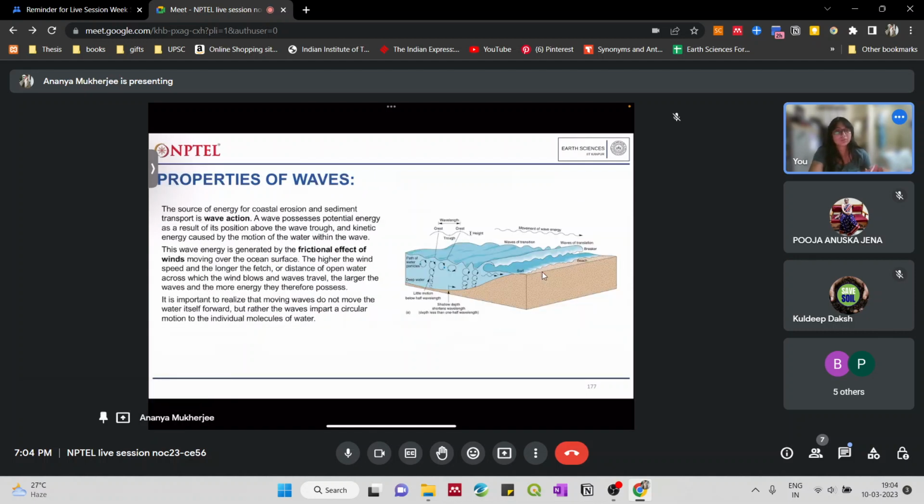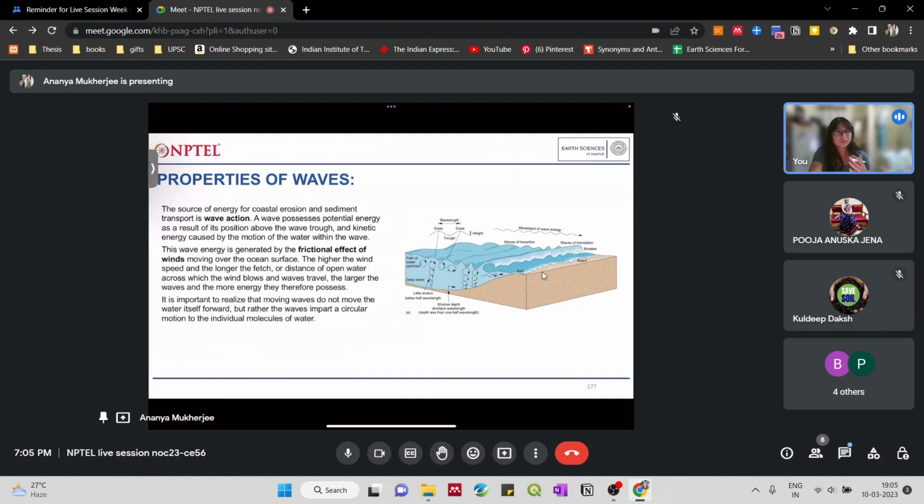Before we go into what landforms are being created, we will first try to understand how the waves are traveling, which as a result causes the erosion and the deposition with respect to the coastal geomorphology. Waves have potential energy, and because of the position and the motion of the water, they also develop kinetic energy.